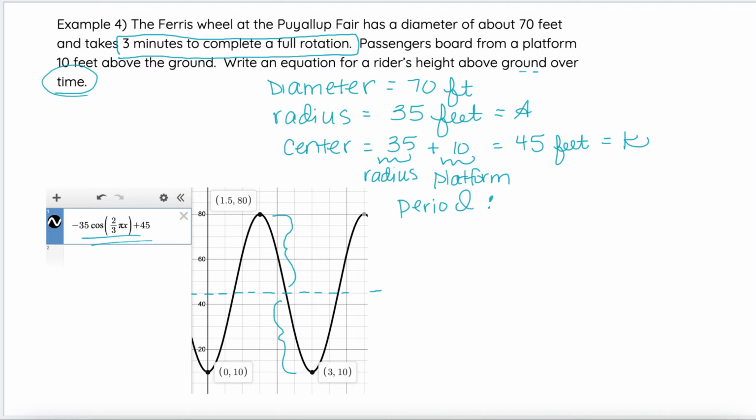So B is equal to 2 pi over our period of 3. This is also going to be a cosine if we think about how a rider will get on, it goes up and they come back down.